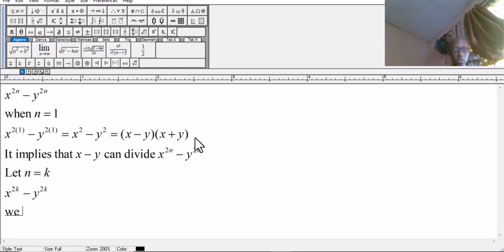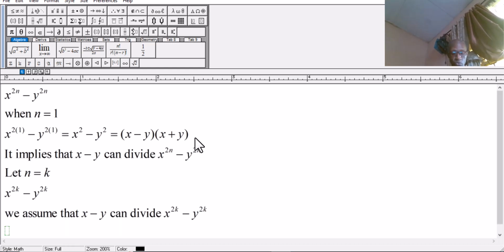We assume that x minus y can divide x raised to the power of 2k minus y raised to the power of 2k. So we are going to assume this.